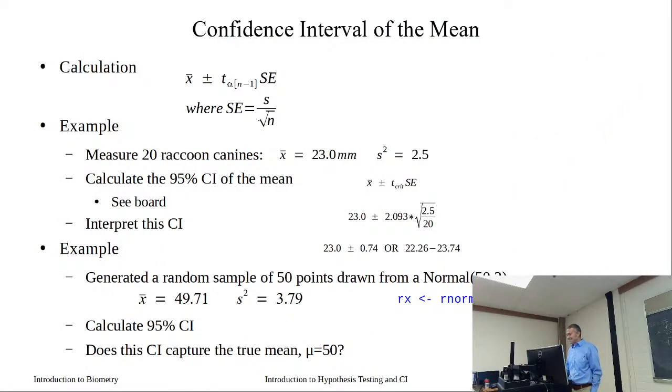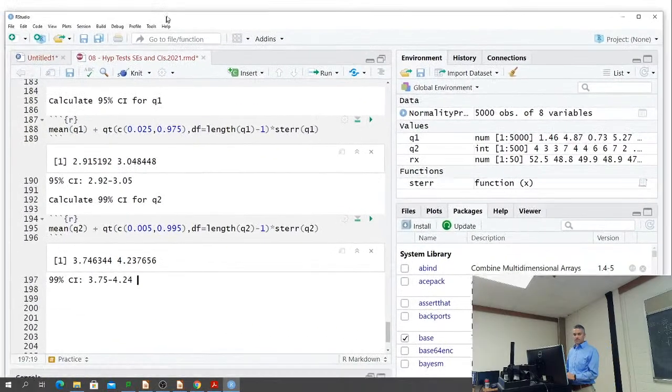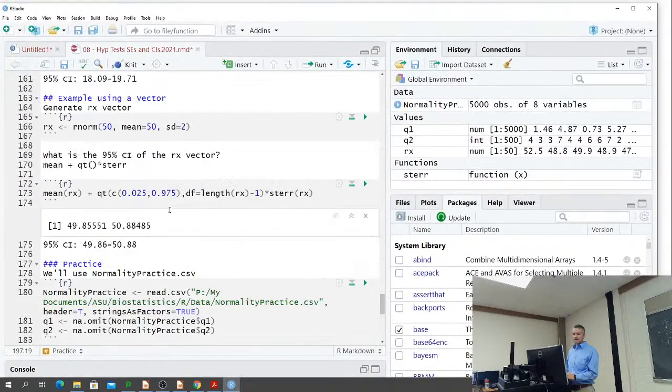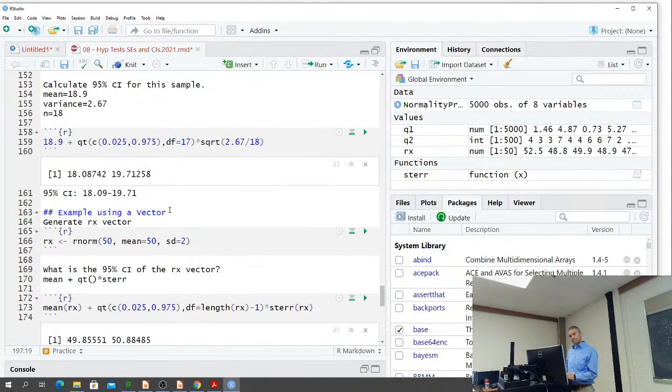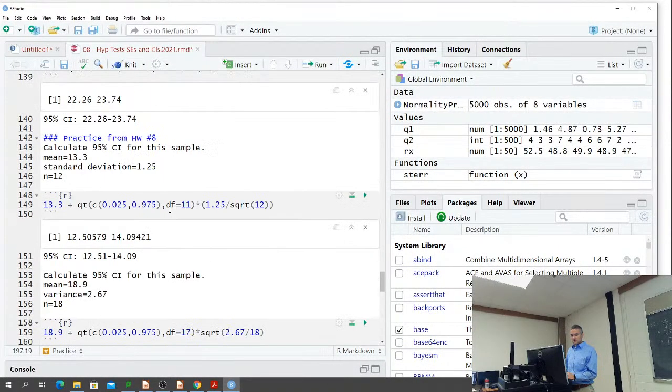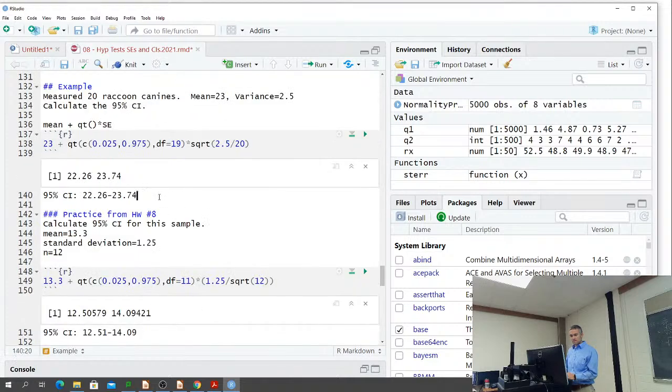All right, so let's talk about interpretation. In that first example, we had 20 raccoons, right? We did our confidence interval. What does that mean?